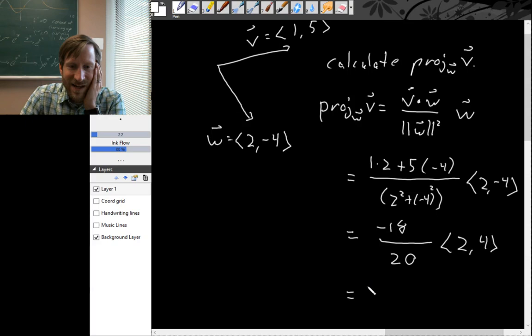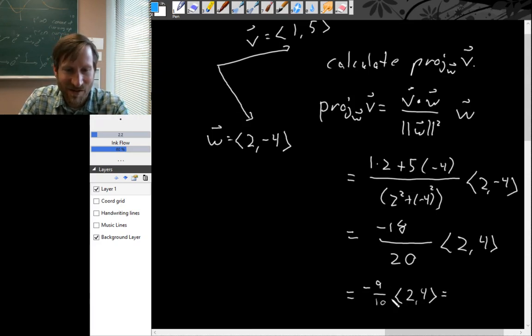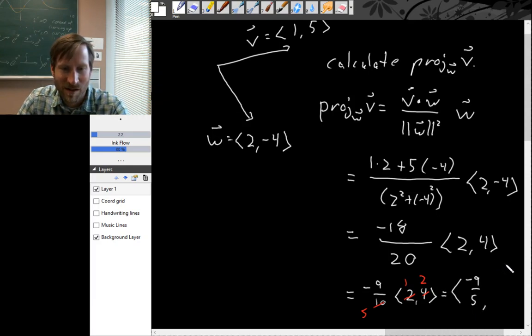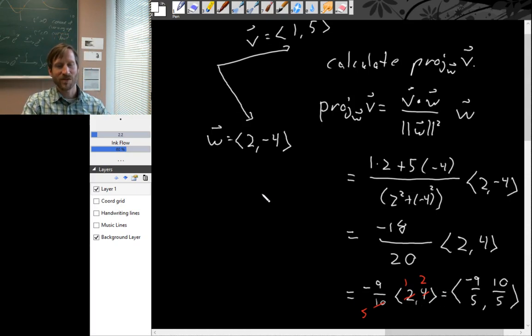We get -9 over 10 times 2, -4. And if you want to put this all into one vector, we can cancel another factor of 2, making this a 5, this a 1, and this a 2, and we get -9 over 5, comma, 10 over 5. So that's what we get when we flatten v onto w.